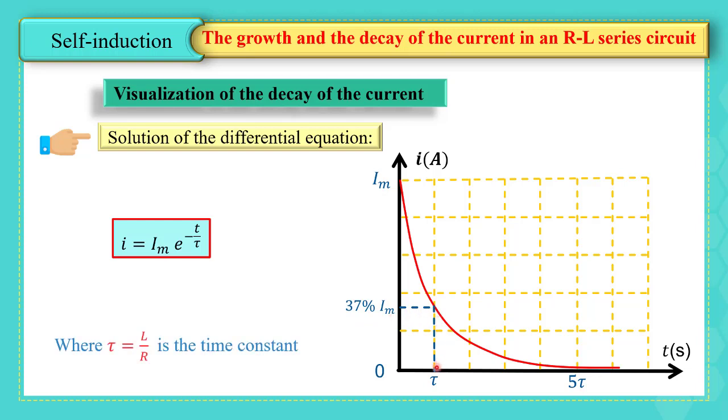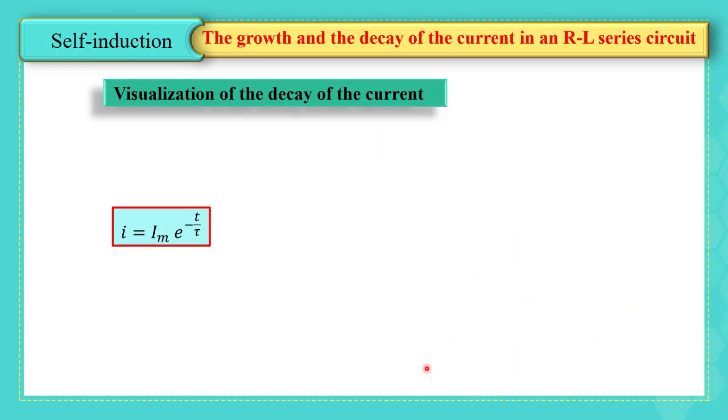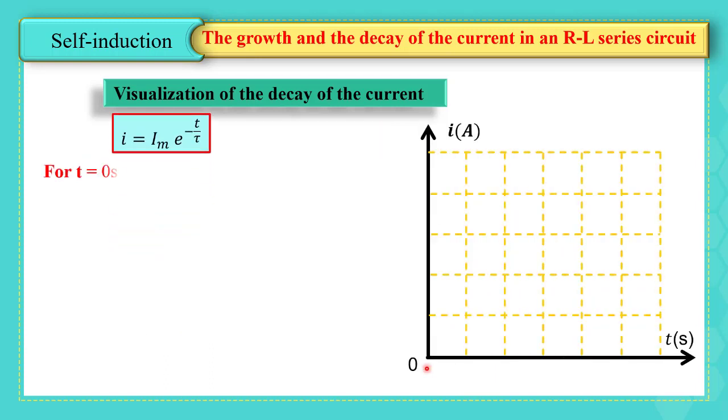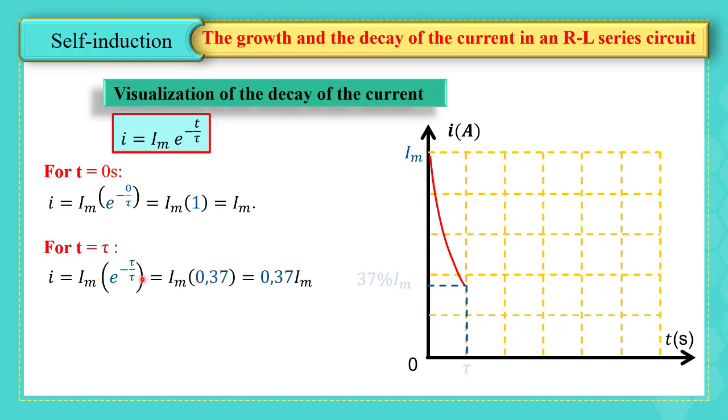Now, if we take some particular values, for t equals 0, i equals I maximum e to the power minus 0 over tau, so it will be equal to I maximum, which is the starting point. For t equal tau, i equals I maximum e to the power minus tau over tau, so it will be equal to I maximum e to the power minus 1, which will be equal to 0.37 I maximum.